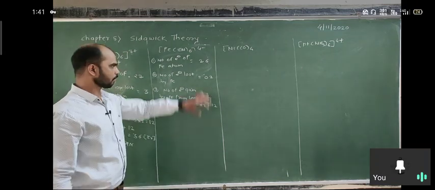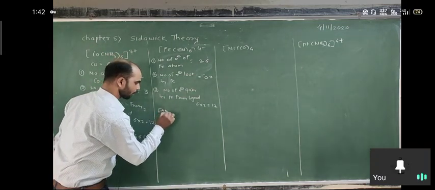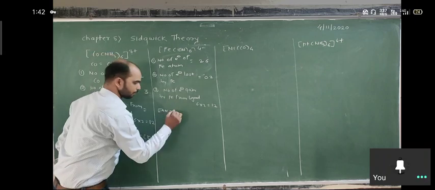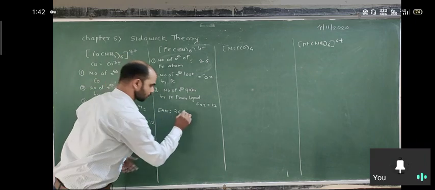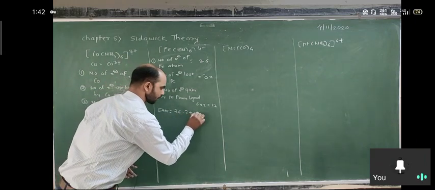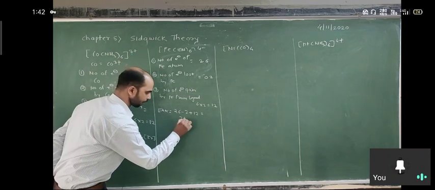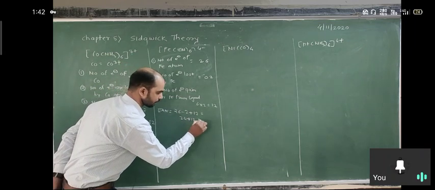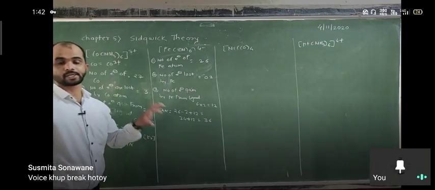Now we know all the values, so we calculate whether EAN is obeyed or not. Number of electrons of metal 26 minus number of electrons lost 2 plus number of electrons gained 12: 26 minus 2 is 24, plus 12 is equal to 36.